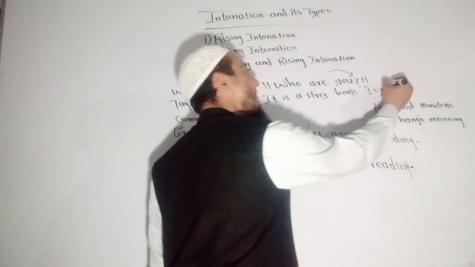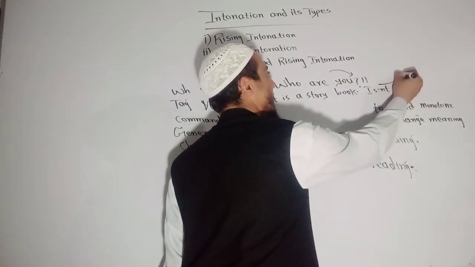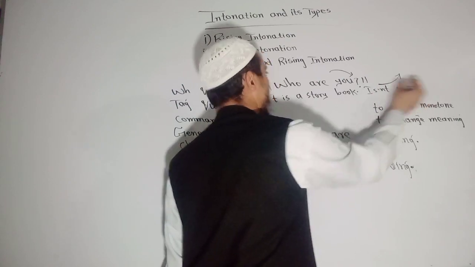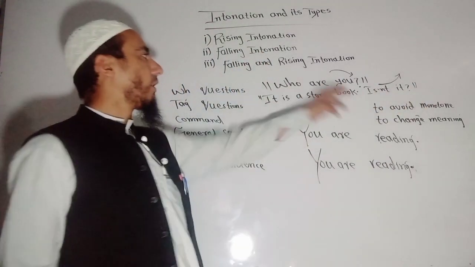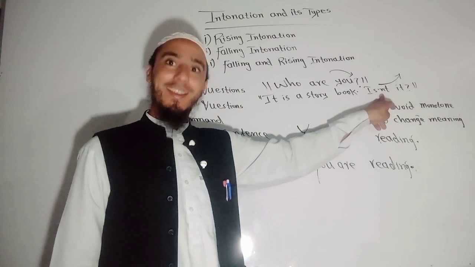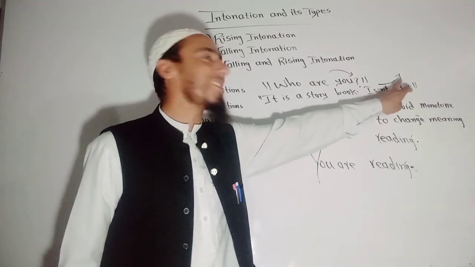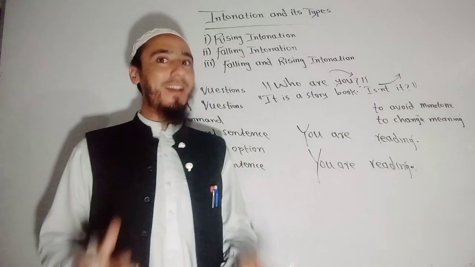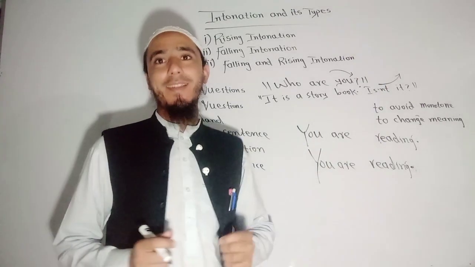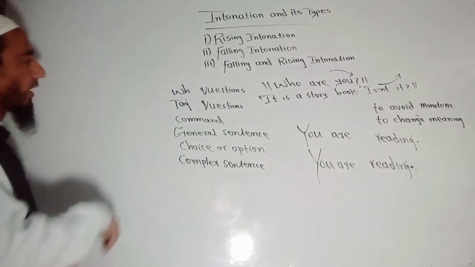So here it is a rising intonation. So the symbol will be in this way. It is a storybook, isn't it? So here we see rising intonation at the ending of the sentence. So that's why that symbol is rising.